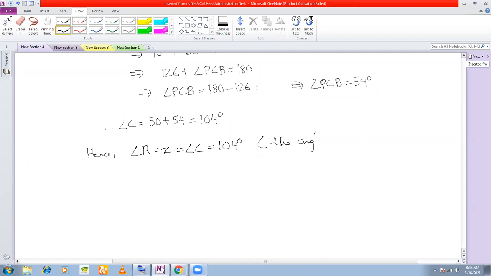The angle between the interior angle between the two equal and unequal sides are equal.